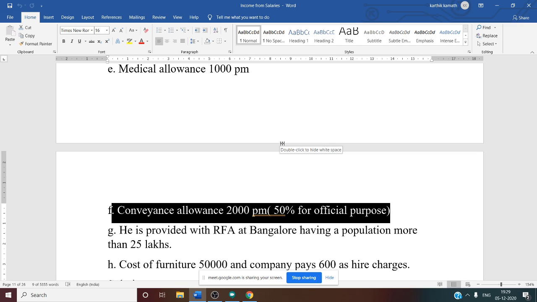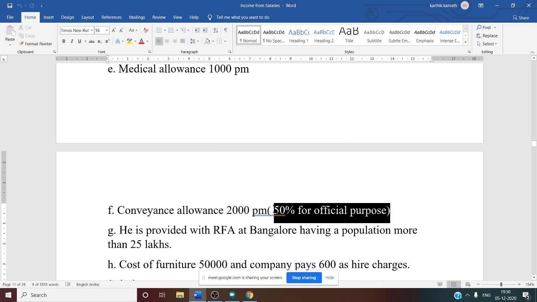That means for 1 year, 1,000 into 12, 12,000 is taxable. Official purpose is exempt, personal purpose is taxable. Out of 100, 50% official means the remaining 50% is personal purpose.